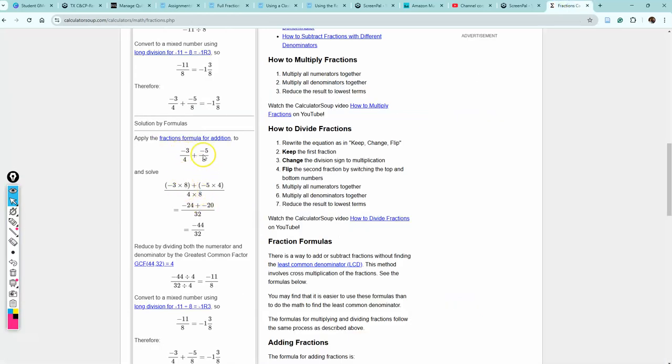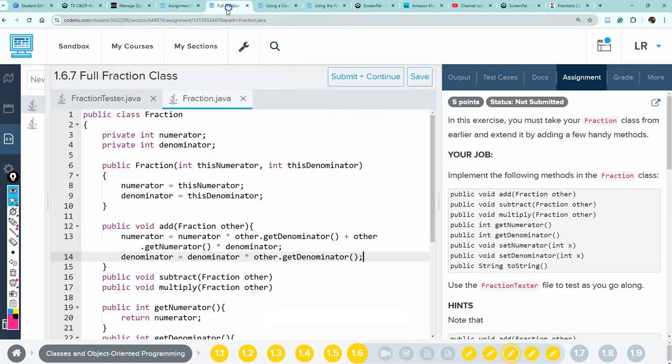So we're multiplying and then adding. So that is what that looks like there. Okay, so that same formula, and this is where I'm adding.